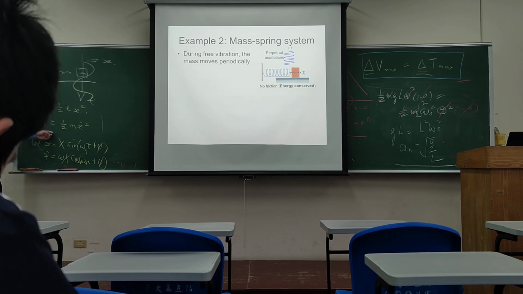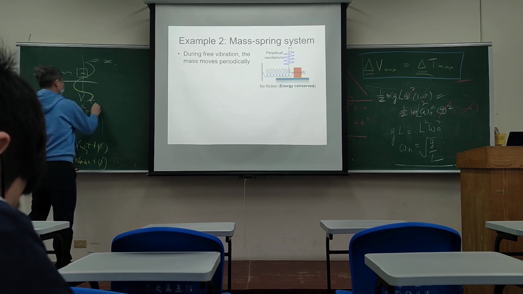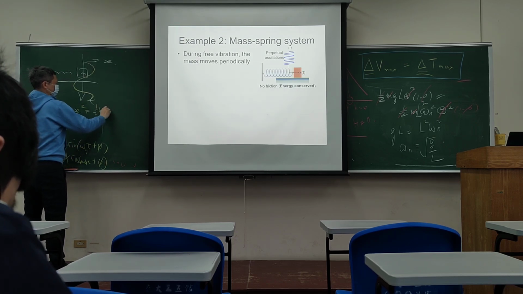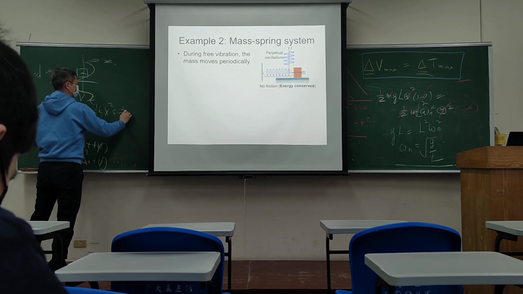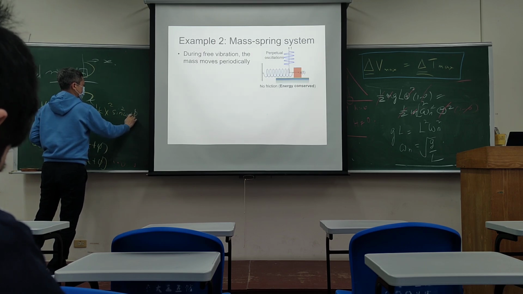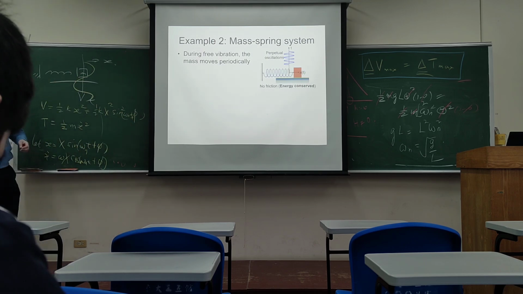Upon substitution, then you have this half k amplitude squared and sine squared of omega n t plus the phase. Okay?